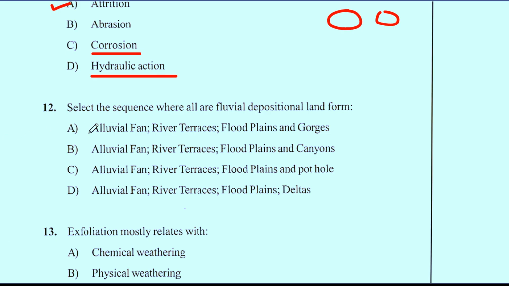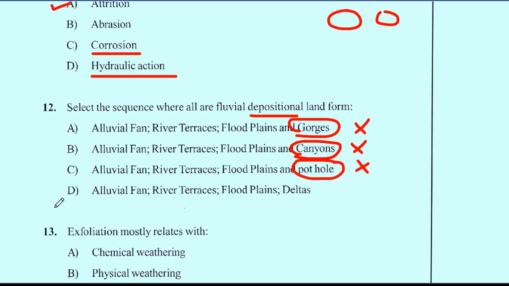Next question: select the sequence where all are fluvial deposits. How will we answer this question? Deposits. This is not a deposit. This is not a deposit.